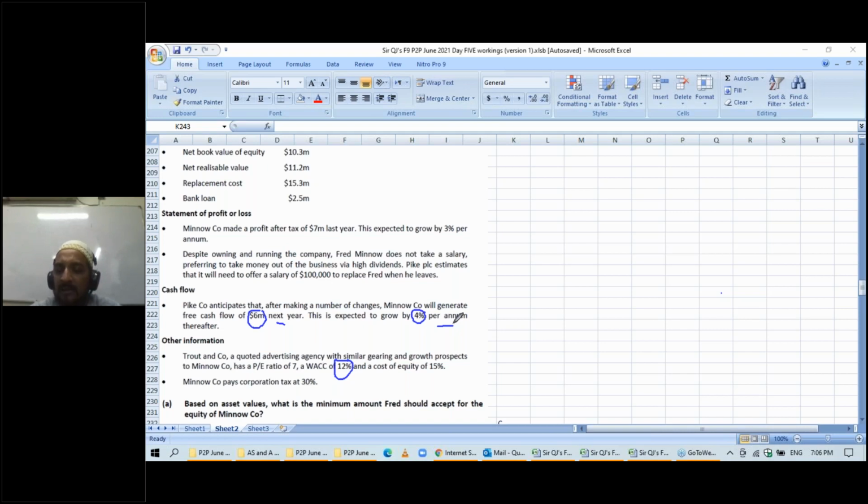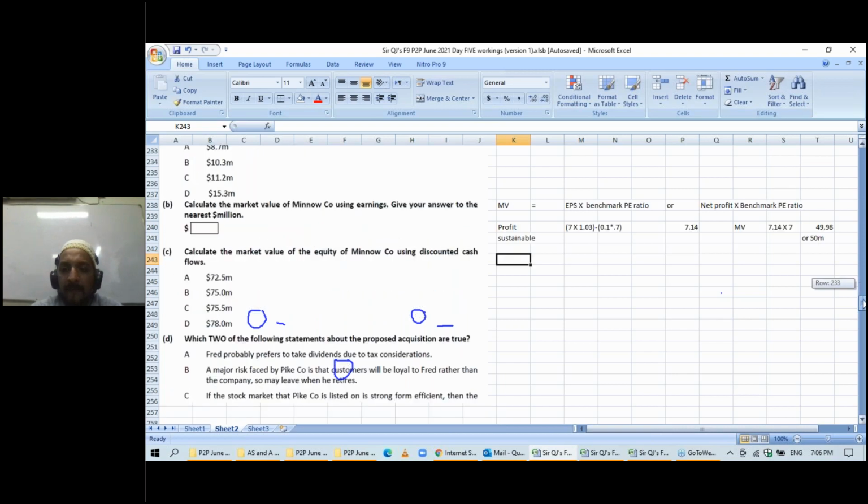So D1 divided by (r minus g), but this is a perpetuity. Perpetuity means an indefinite time period. Dividends are also for an indefinite time period. So if they ask you for this method, the formula is, suppose it's indefinite and there is a growth rate.